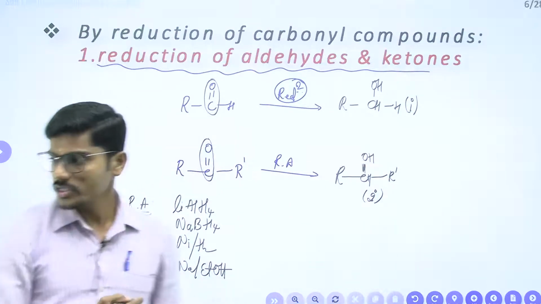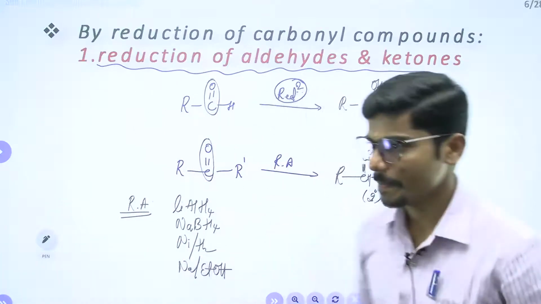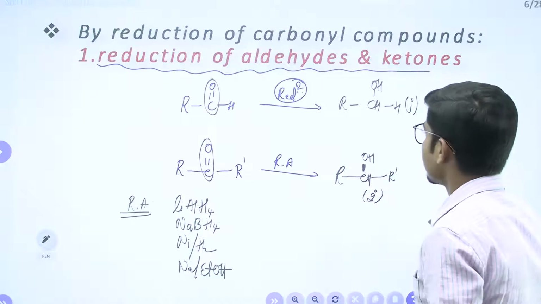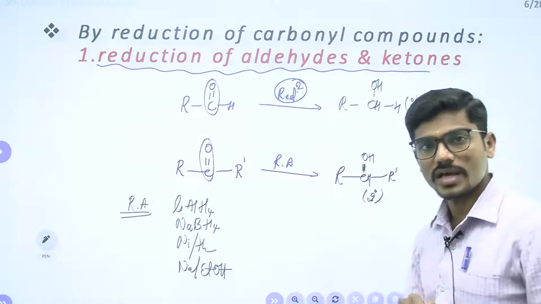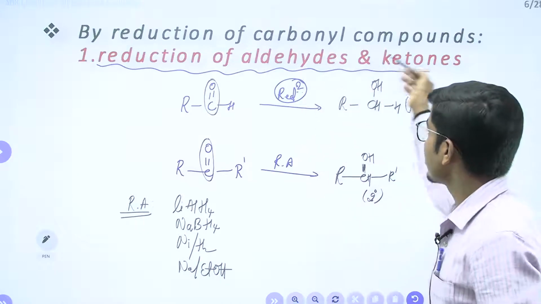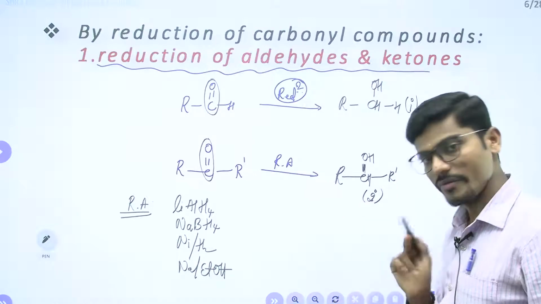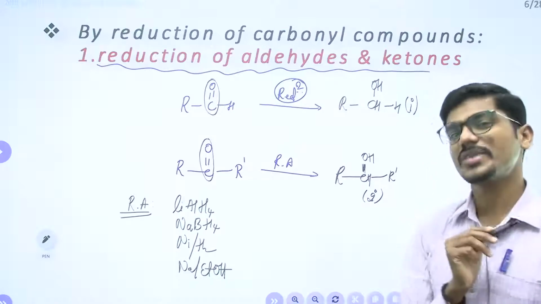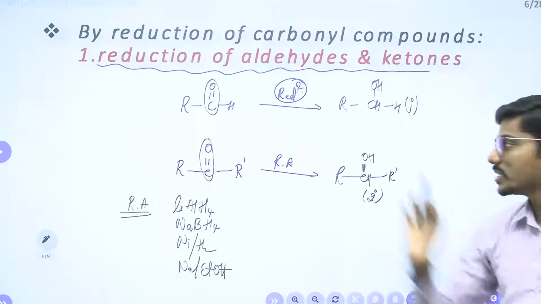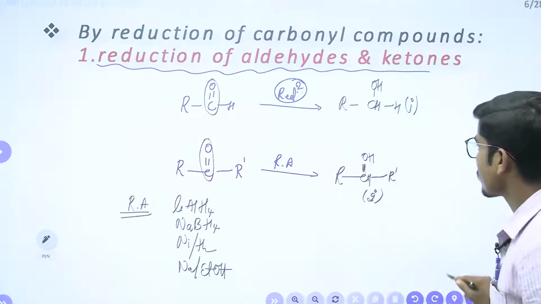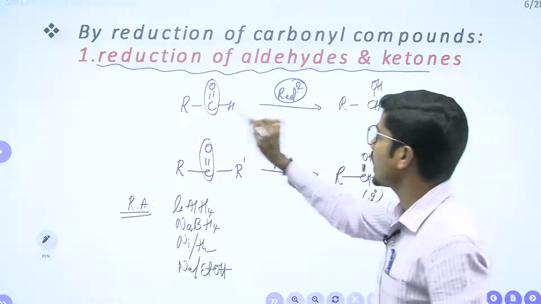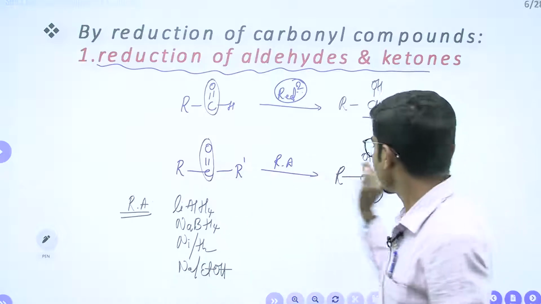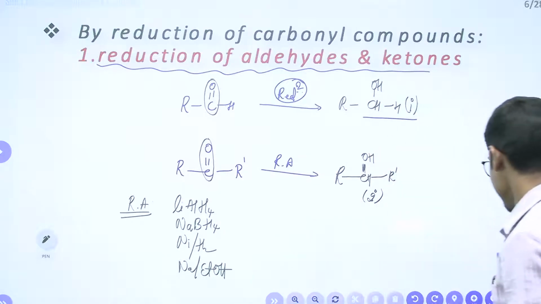These two reactions we completed in the previous class, right? When an aldehyde or ketone undergoes reduction in the presence of a reducing agent, that gives the corresponding alcohols. That is, an aldehyde gives a primary alcohol, whereas a ketone gives a secondary alcohol.